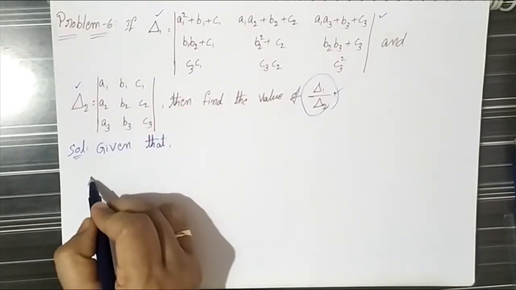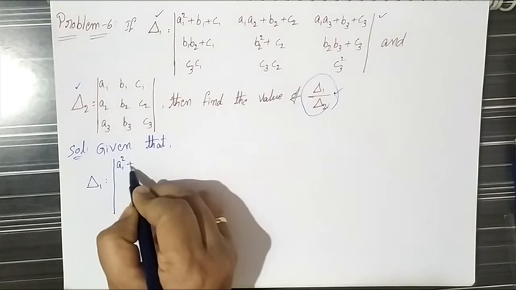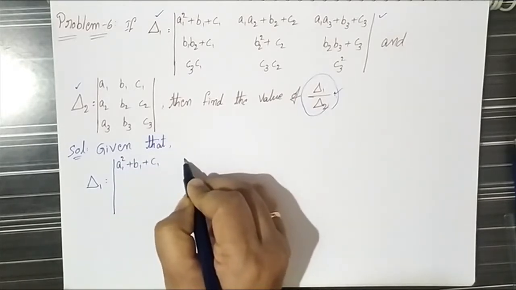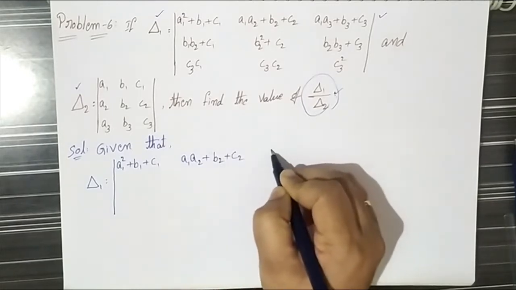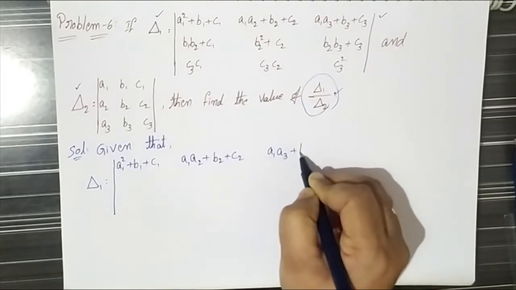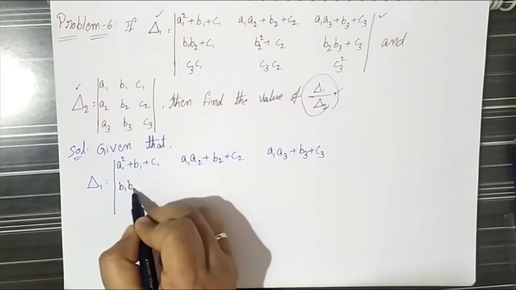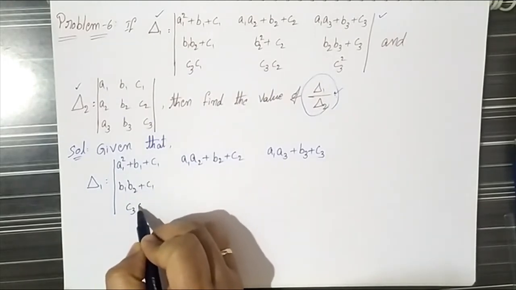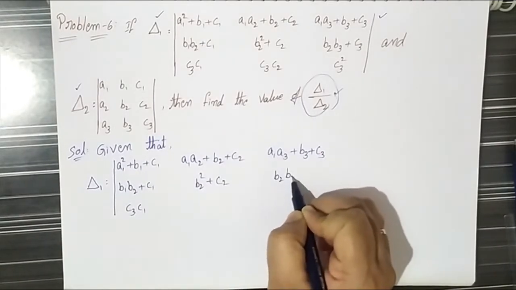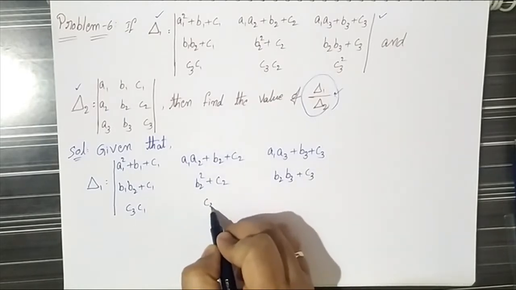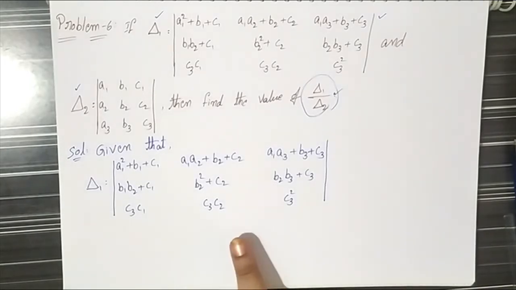Take the delta 1 value. Delta 1 equals the determinant a1 square plus b1 plus c1, a1 a2 plus b2 plus c2, and a1 a3 plus b3 plus c3, and the second row is b1 b2 plus c1, b2 square plus c2, b2 b3 plus c3, and c3 c2 and c3 square. This is our delta 1 value.